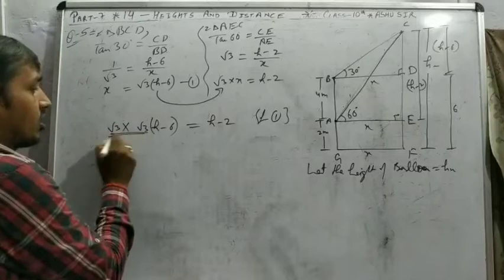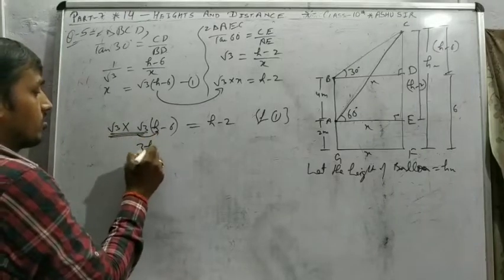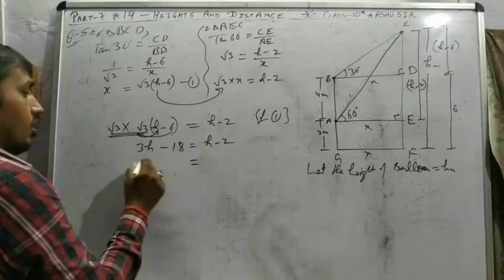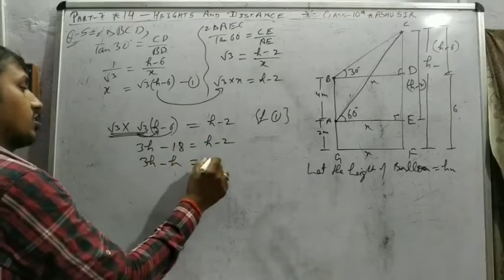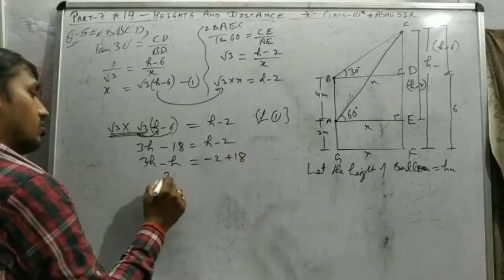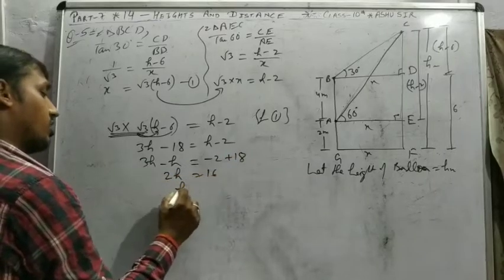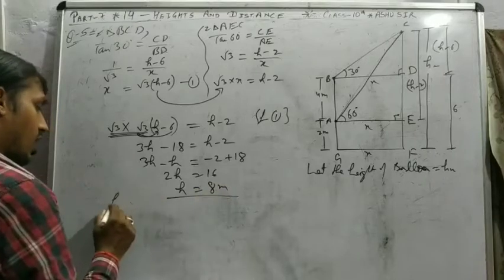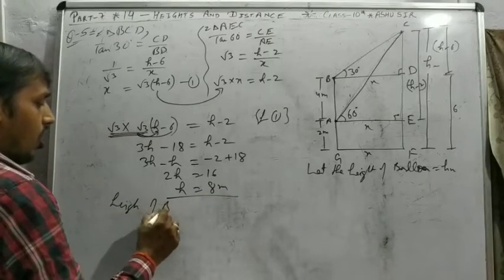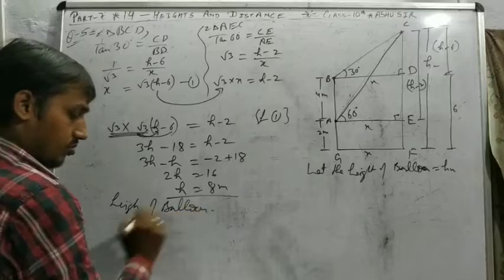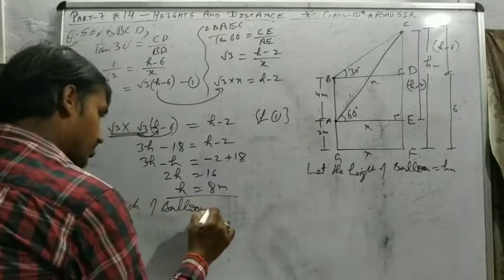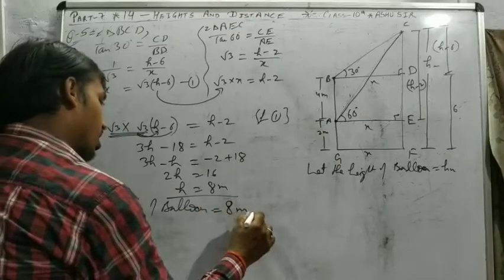Open the bracket: 3 into H, 3 into 6, then 3H minus H, 2H is equal to 16, so H is equal to 8 meters. Means the height of the balloon is 8 meters.